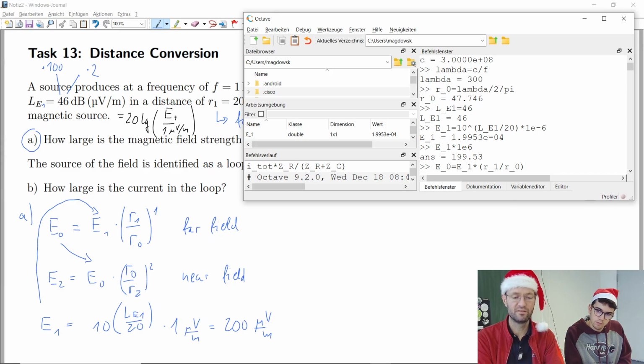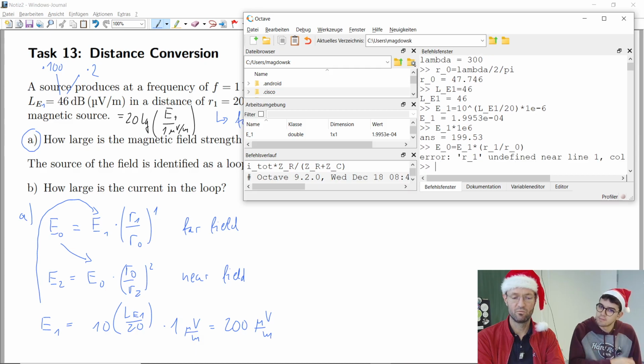And so our E0 should be larger because we go to smaller distances. We go from 200 meters to approximately 50 meters, which is a quarter of the distance. So the field strength should increase by a factor of 4 approximately. It's not yet defined, our distance here. R1 was 200 meters.